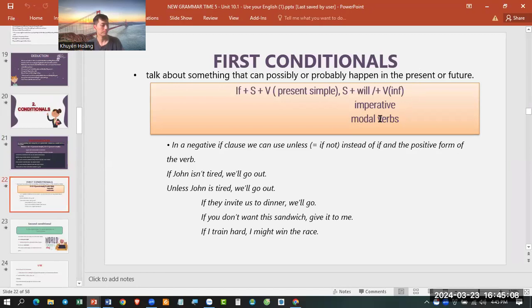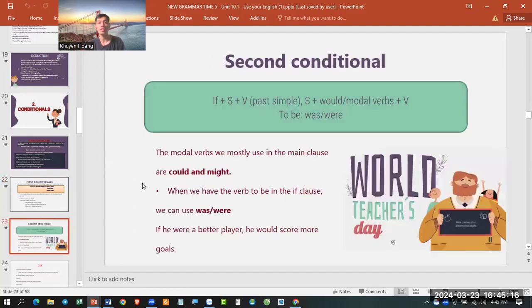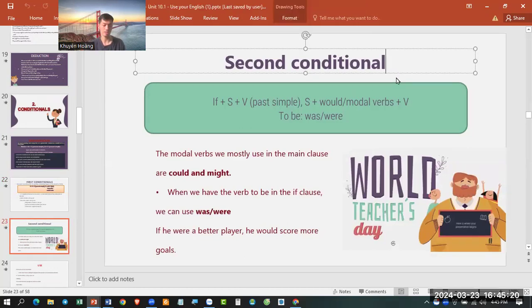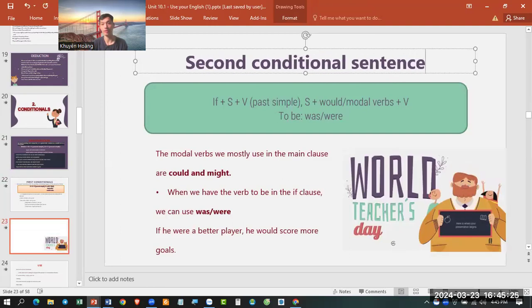Can we call this conditional type 1 or type 2? Commonly we call it that, but it is fine to say second conditional sentence.